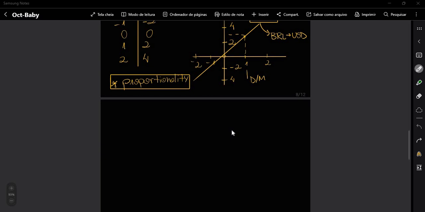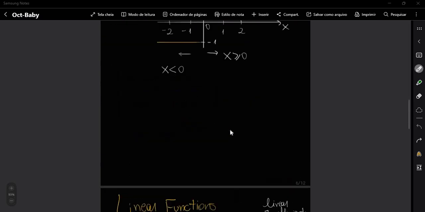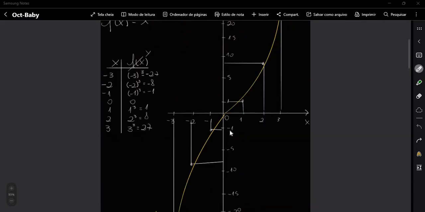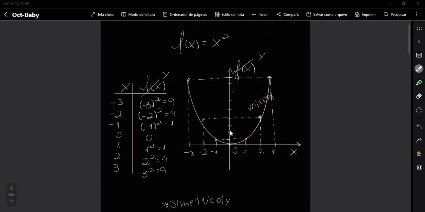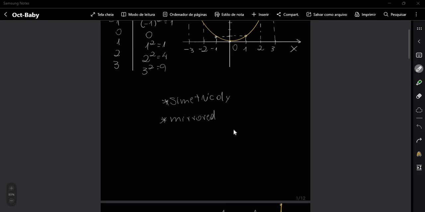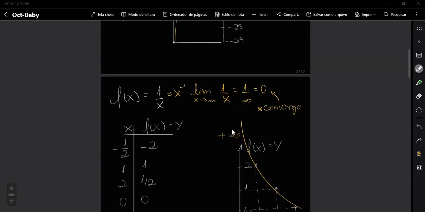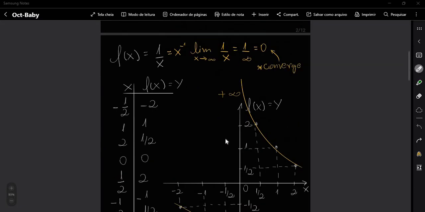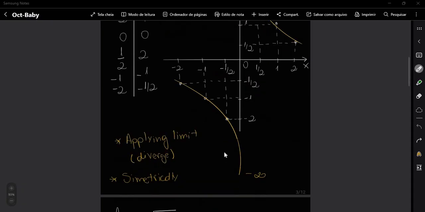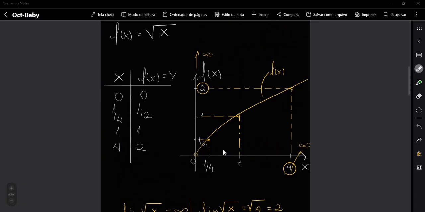And okay, so as we already saw the basic functions that we learn in high school, we saw square functions, cube functions, inverse functions, square roots.